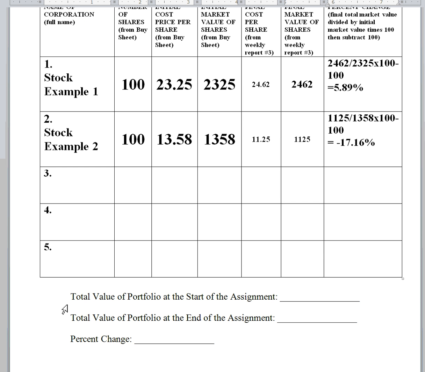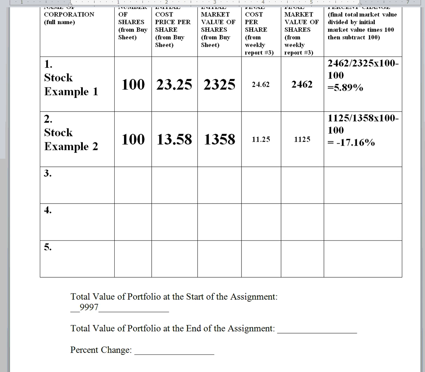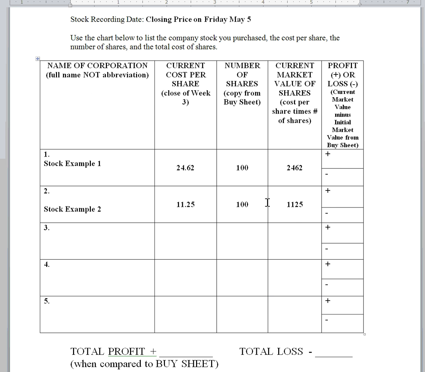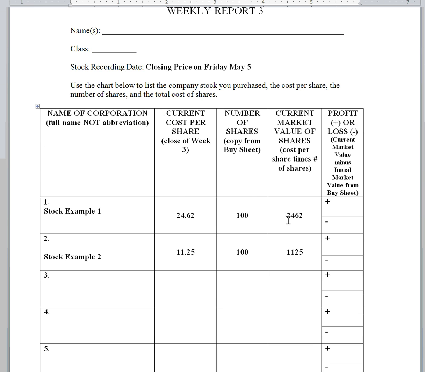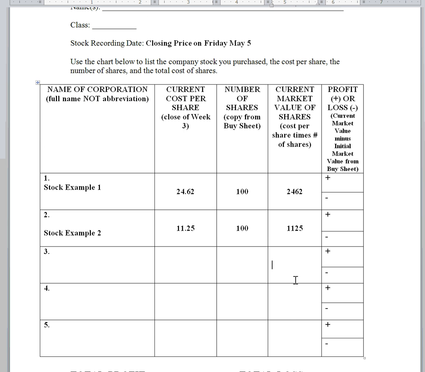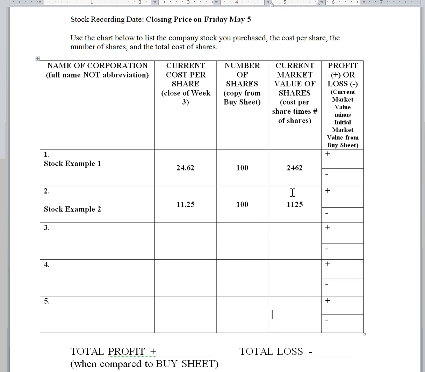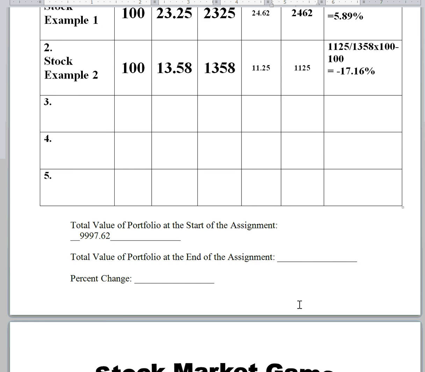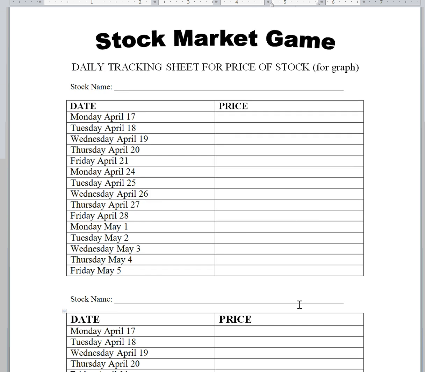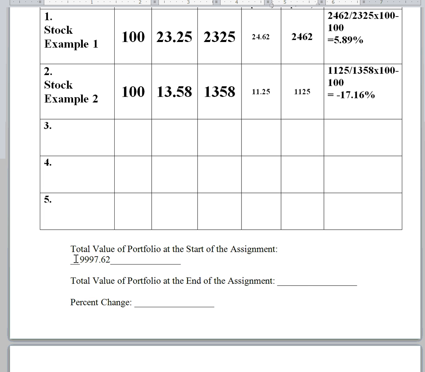Now at the end, what you have to do here, total value at start, you're going to have a number, maybe 9,997.62 as an example. And you're going to have a value. What you're going to do is go to your weekly report 3, add up these 5 values right here. What does your portfolio now total? What's the total? And it's either going to be higher than your 9,000, whatever, or it's going to be lower.